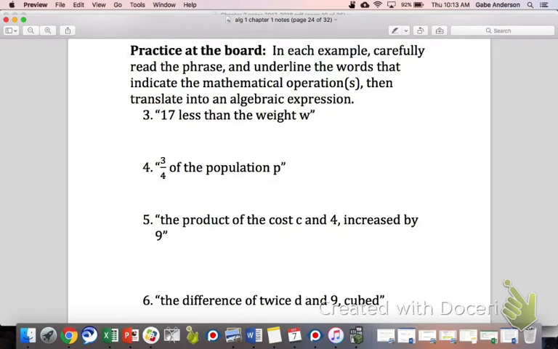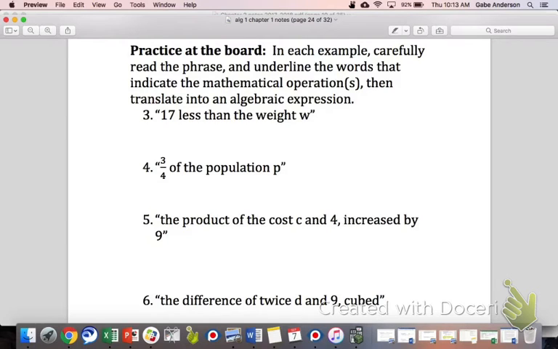17 less than the weight W. Translate that into math. Good. No equal sign. It's the other way around, actually. So think about the practicality here.